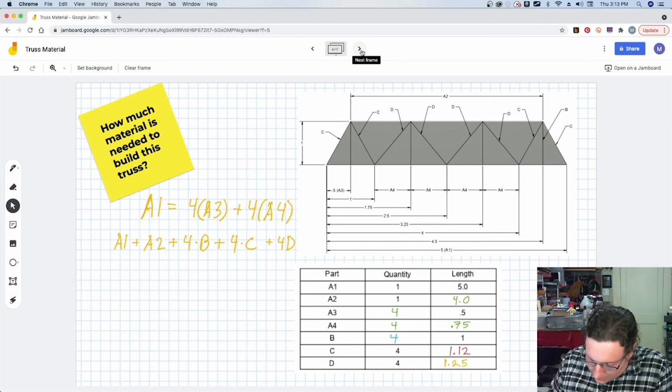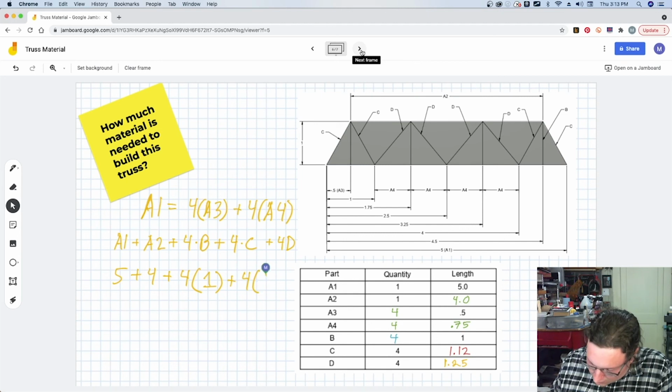We know that we've got what we need before we start putting in the numbers, at which point 5 plus 4 plus 4 times the B value is 1 plus the C value, well, 4 times 1.12 plus 4 times 1.25.